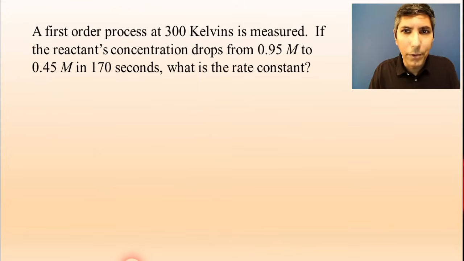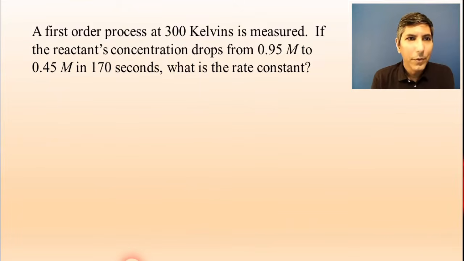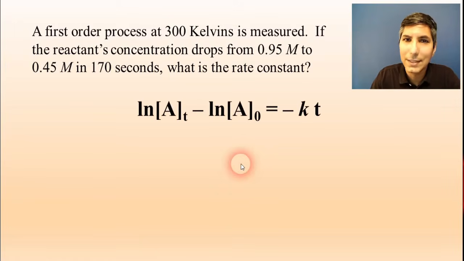Let's try another example here. A first order process at 300 kelvins is measured. If the reactant's concentration drops from 0.95 molar to 0.45 molar in 170 seconds, what is the rate constant? So now we're going to use that same first order integrated rate law, and we're going to plug and chug again.